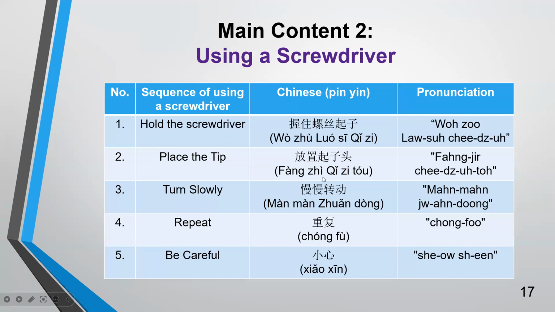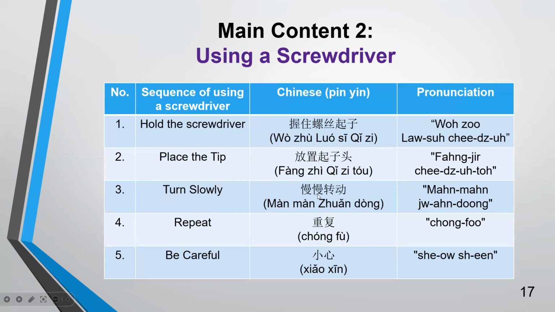So 放置起子头 sounds like F-U 扶 A and G 放, and then J Z Z, okay, 放置. And then 起子头. Alright, 放置起子头, just to place the tip.